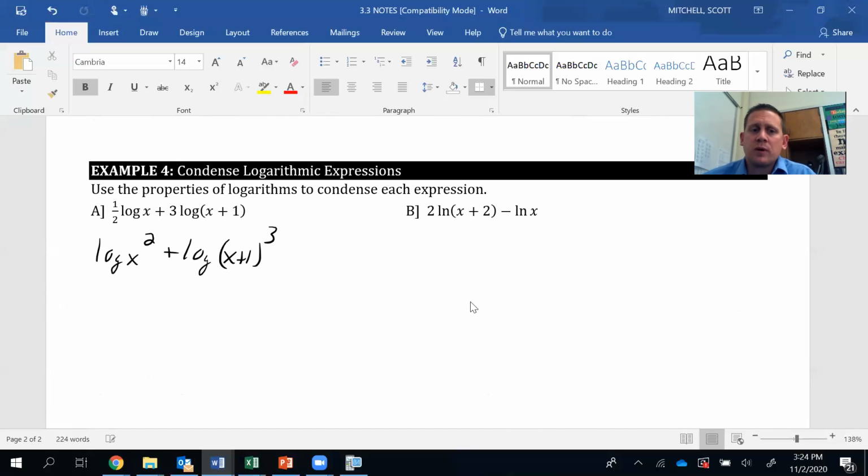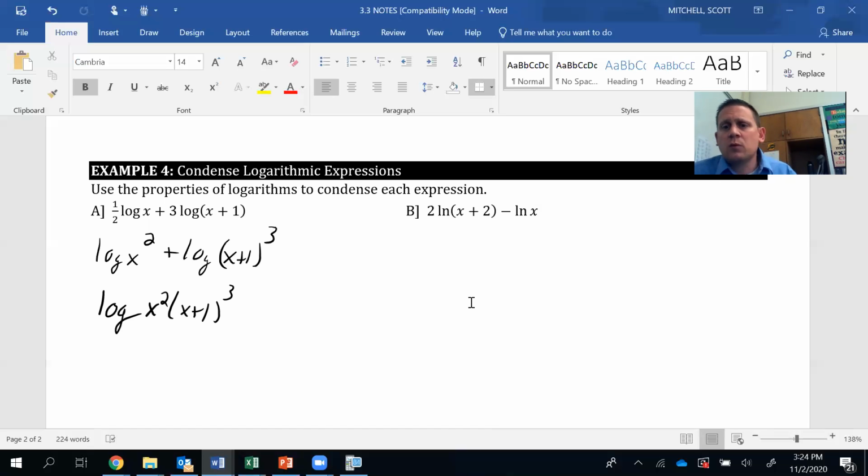We got to keep that in parentheses there. And now we have 2 logs. Well, we're going to put them together as 1. 2 logs separated with addition means multiplication. So you're going to get x squared times x plus 1 cubed. Now, sometimes it's okay to leave your answer like that. Sometimes you'll have to go further.